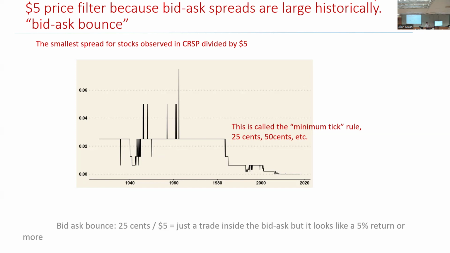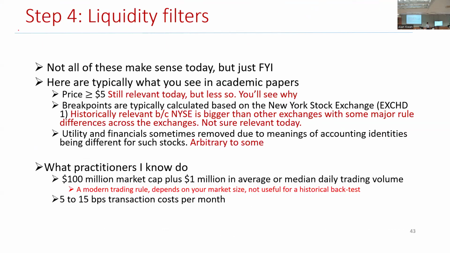Also, they brought back minimum ticks even in the US in recent years for small stocks, because they realized there's no liquidity on small stocks. If you want to provide liquidity, it's good to have this bid-ask spread because the liquidity provider earns it. So long story short, there's this somewhat arbitrary thing that you'll see in both industry papers and academic papers around minimum share prices.